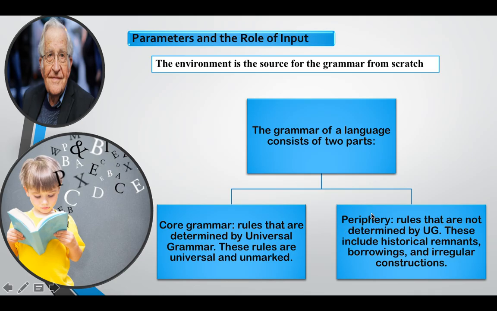While periphery, they are the rules that are not determined by the universal grammar. These include the irregular forms of the verbs or the irregular forms of the plural forms, the historical remains, and the borrowed structures from other languages. So peripheral rules must be learned individually and often behave exceptionally. So it depends on the individual differences.